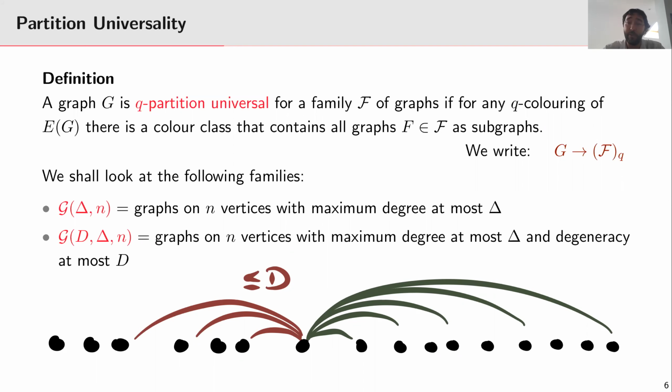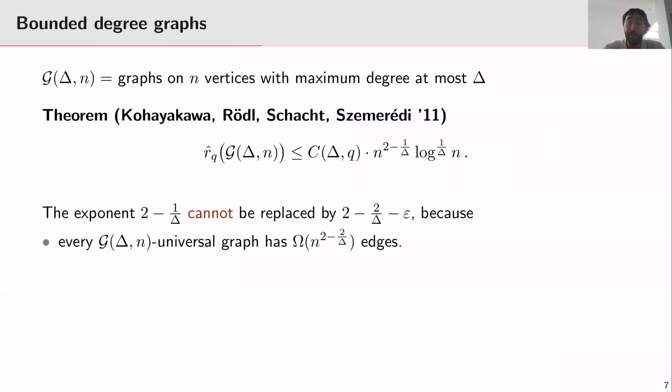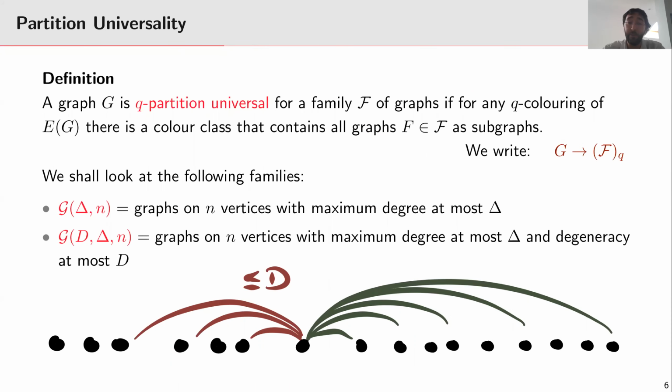I've lined the vertices up from right to left. And if I look at any vertex in this order, I should see that at most capital D edges going out to the left. So for this class, I'll generally be thinking of capital D as some small integer and capital delta as some very large integer.